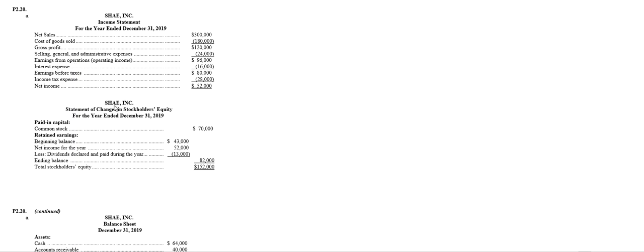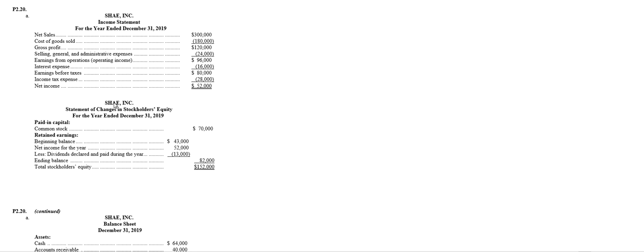We'll go to the second one here. This is Shea Inc., and this is the statement of changes in owner's equity, or I call it stockholders' equity, because we're a corporation here. But if you'll notice, this too is for a period of time. So it's for the year ended December 31. We have common stock of 70,000, and then we have retained earnings.